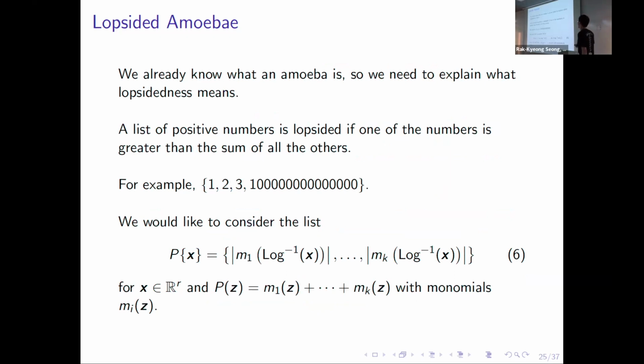So we need to explain what lopsided is. We say a list of positive numbers is lopsided if one of the numbers is greater than the sum of all the others. This one is obviously lopsided. And here, the list we would like to consider is this one. Here these M_i are the monomials of the Laurent polynomial, and we just consider this list.